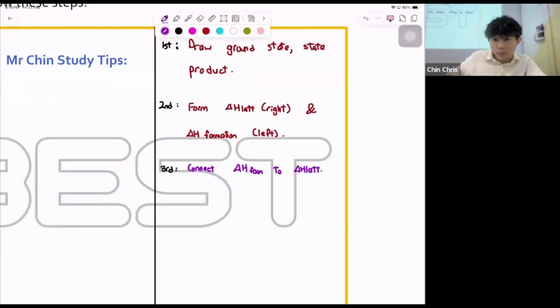You need to connect your delta H formation to your delta H lattice, and guys, label all the delta H. Fourth step, clockwise equals anti-clockwise.